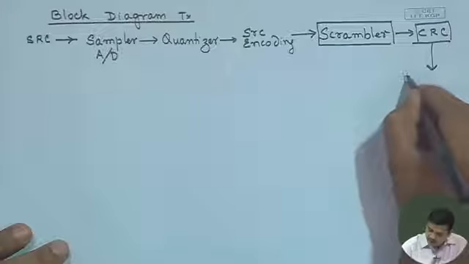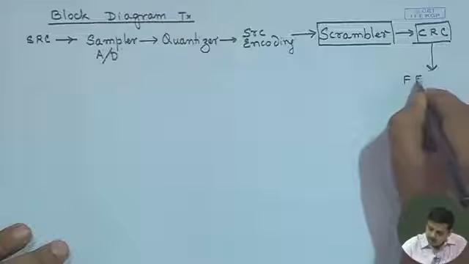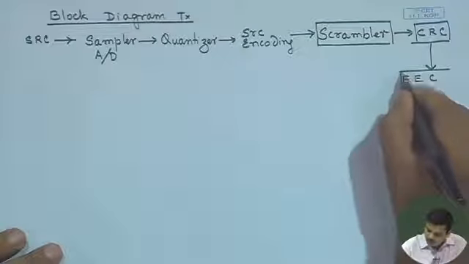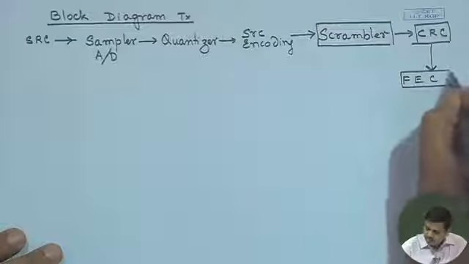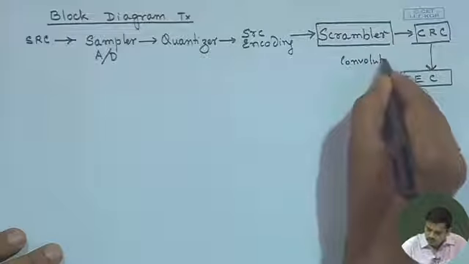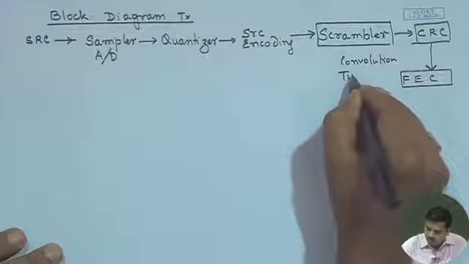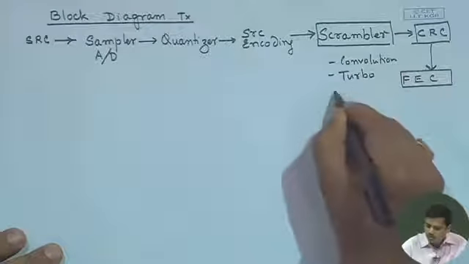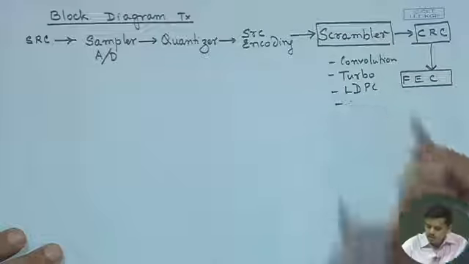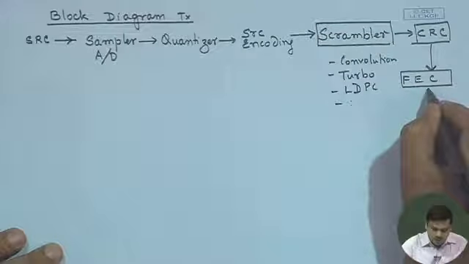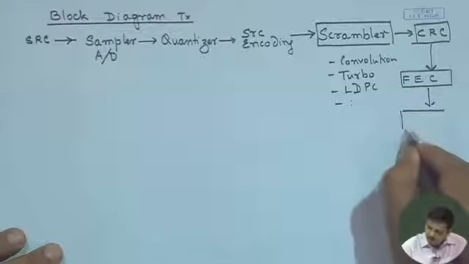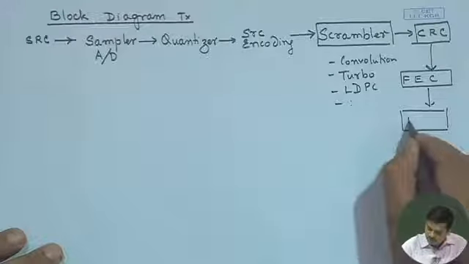So, once CRC is through, you would send, so basically it is useful for error correction codes. Then you can have a forward error correction code block, which adds error correction code. Some of the examples of forward error correction code could be convolution codes, could be turbo codes, could be LDPC codes, and there are so many other codes. After the forward error correction code, you would have a block known as the interleaver.